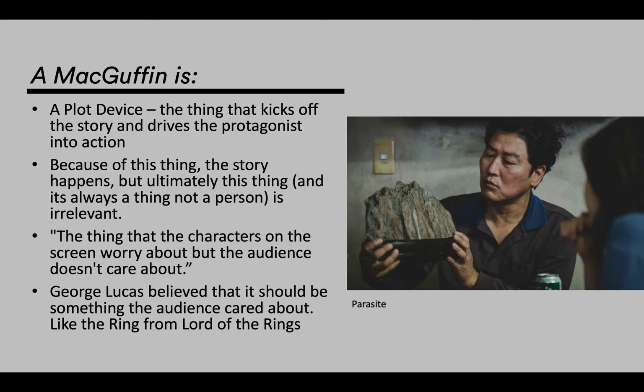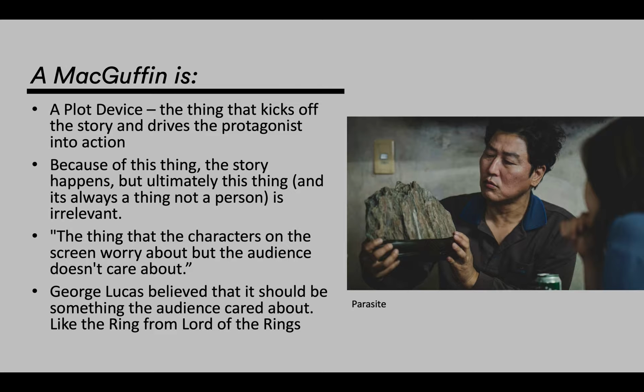So it's a plot device because it's a thing, the story happens around it, but it might not ultimately be the message behind the story. For example, in the film Parasite, the family receives this good fortune stone, and they think it's the sort of thing that's going to change their luck around, that they're no longer going to be poor, that their luck is going to change for the better because they've gotten the stone.